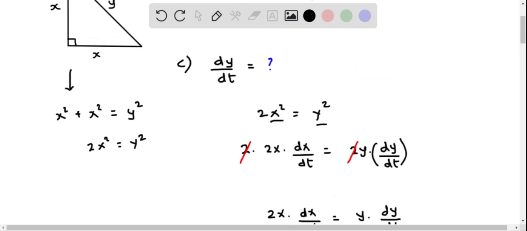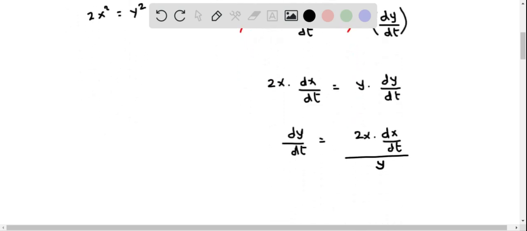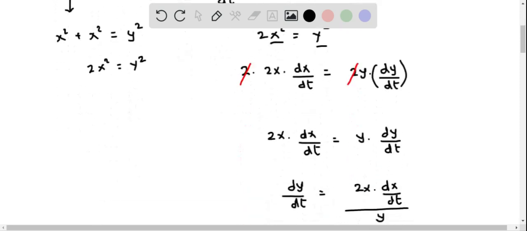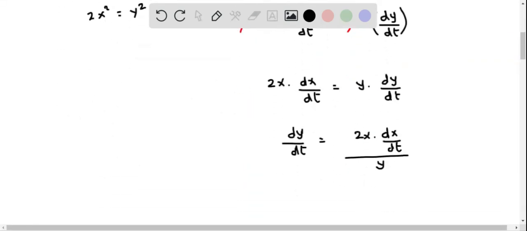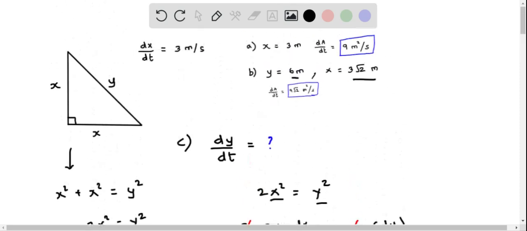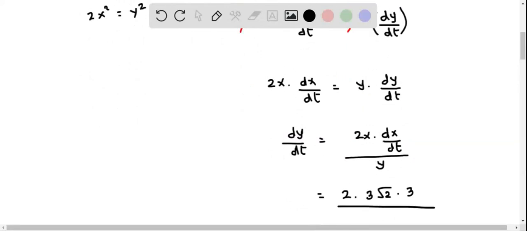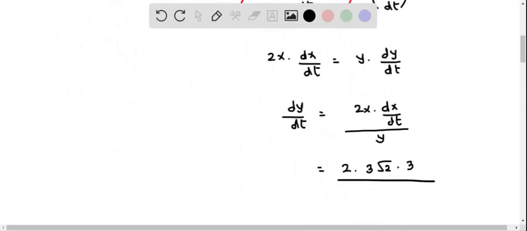Let's plug in the values of x, dx by dt, and y. In part B, we determined that x equals 3 root 2 meters when y equals 6. Let's plug that in. This gives 2 times 3 root 2 times dx by dt, which is 3 meters per second, already given. So I plug in 3 divided by y, which equals 6.